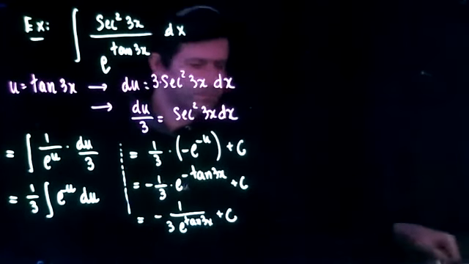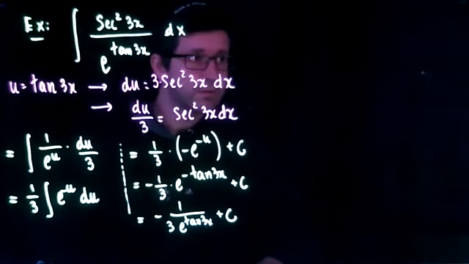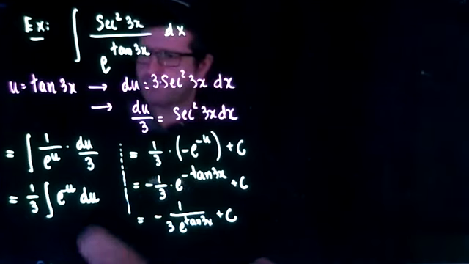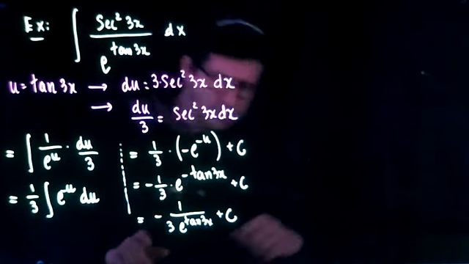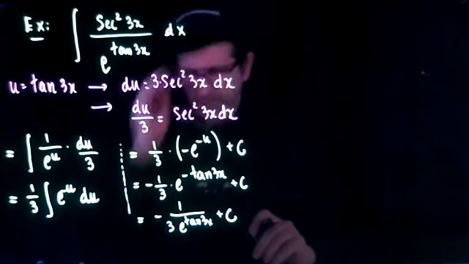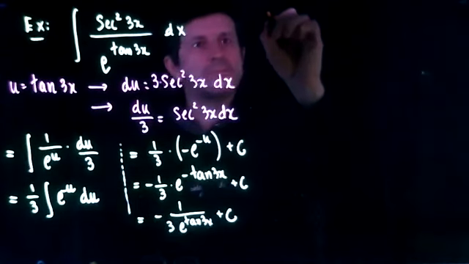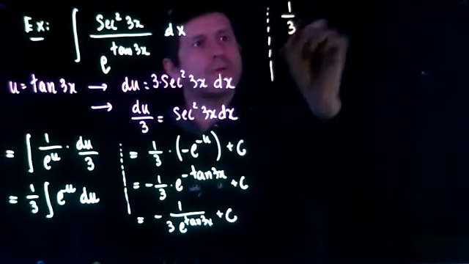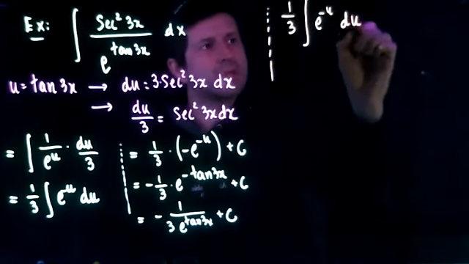I have a question. Is there another way to find the minus e to the minus u, from step 2 to step 3? Yeah, let me show you here on the side. Let's say you have 1/3 integral of e to the negative u du.